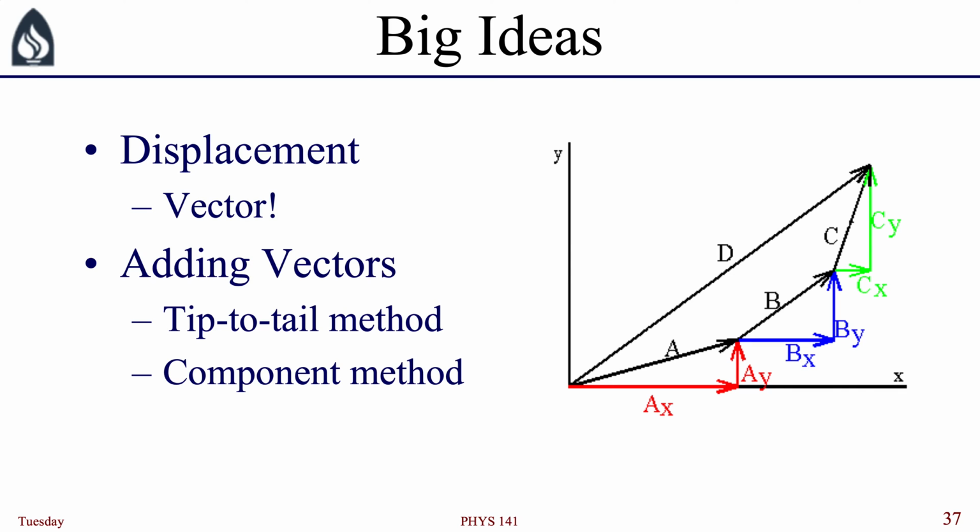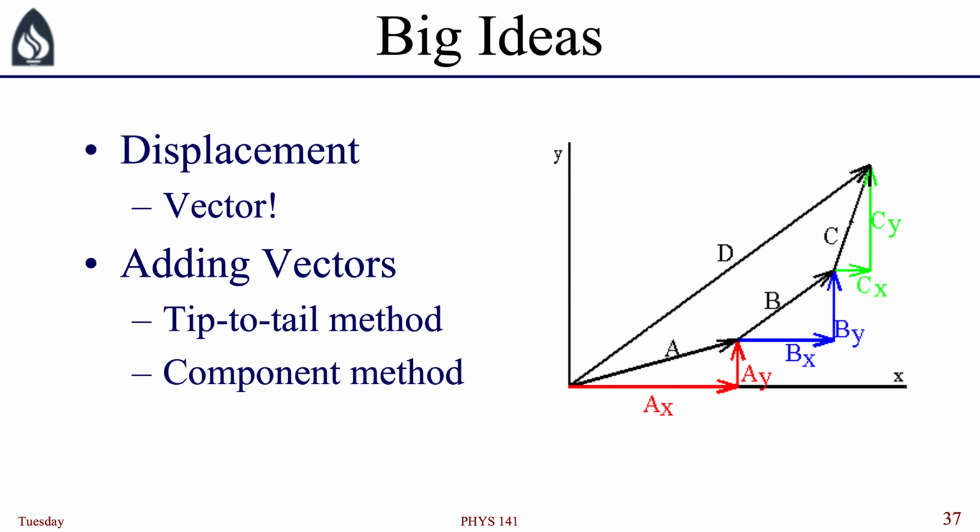If you just want to make a rough sketch, then the tip-to-tail method is a really good way to figure out how the vectors are pointing. So you take the second vector and put its tail on the tip of the first vector and then add them together. Or you can use the component method, which is a faster way to get a more exact answer.